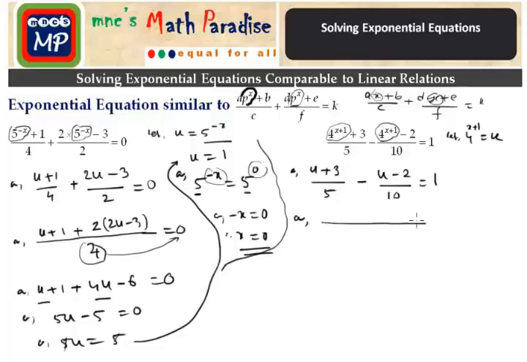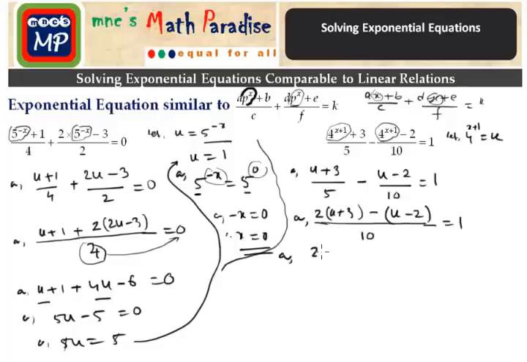Here the common denominator of 5 and 10 will be 10. The 5 will be multiplied by 2, so this numerator will be multiplied by 2. The 10 is already there, so this one will come as it is, but there is a minus in front, so we need to put the bracket. The minus needs to be handled very carefully.